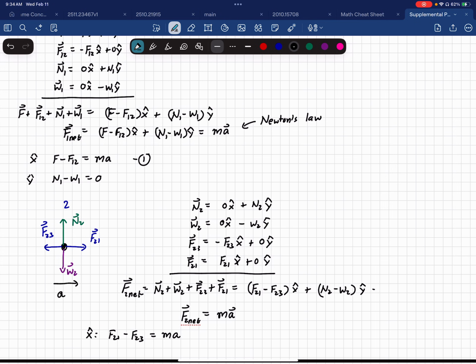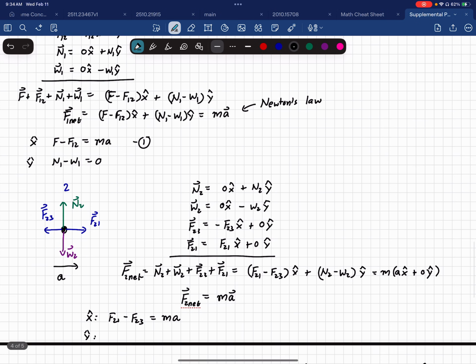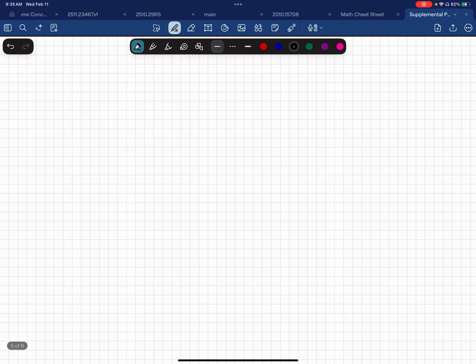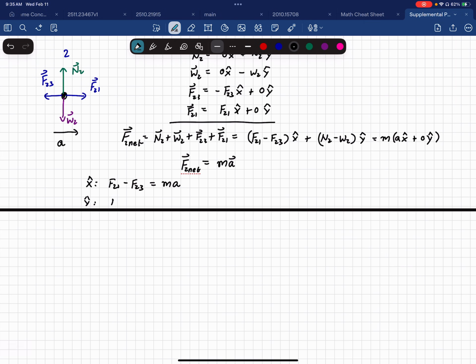So for example, this is equal to m a, and then the y hat component is again this. So we got the second equation also.